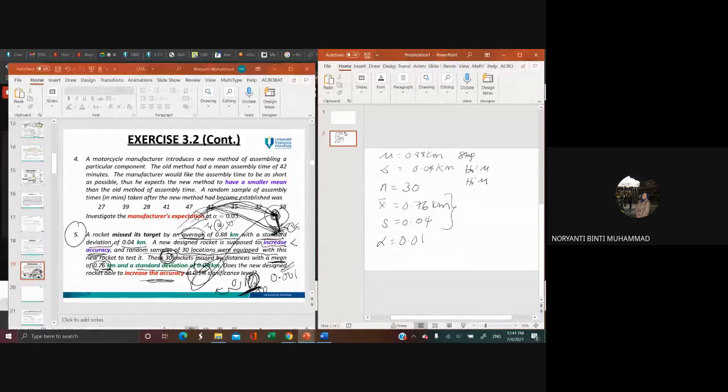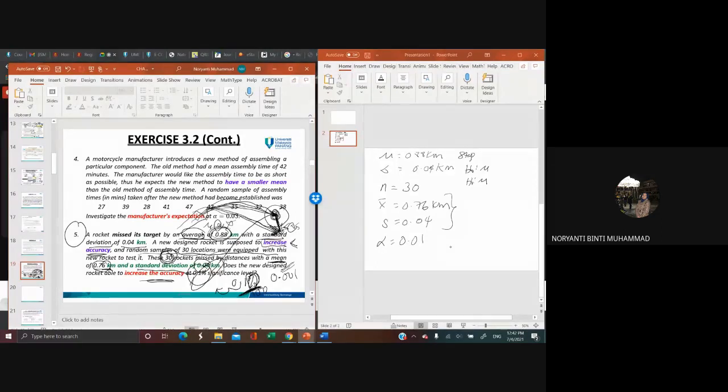Okay. So now, the question asks, does the new design rocket able to increase the accuracy? In this case, when we say increase accuracy, it means the mu should be smaller than this one. I mean, the new rocket's mu should be smaller than this one.